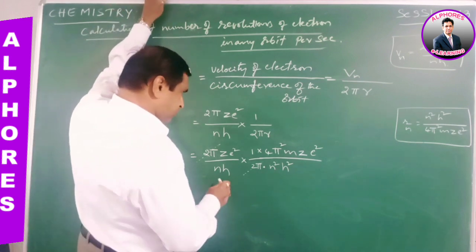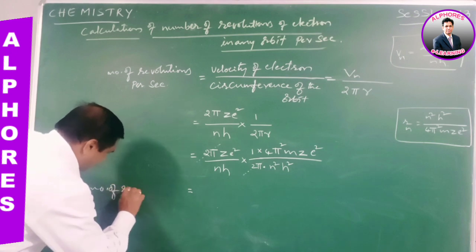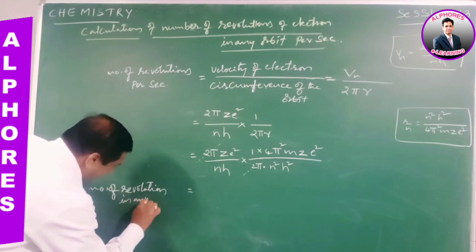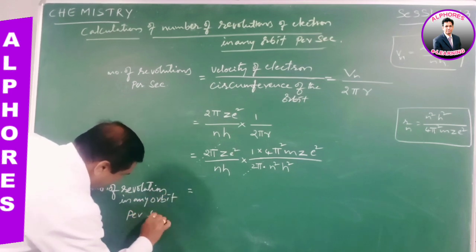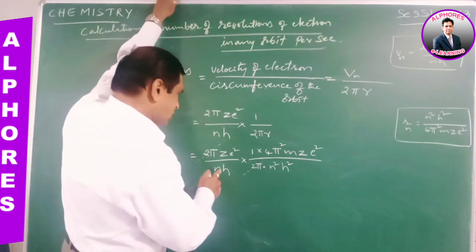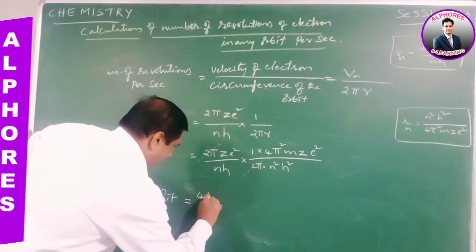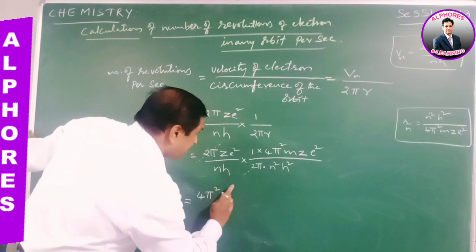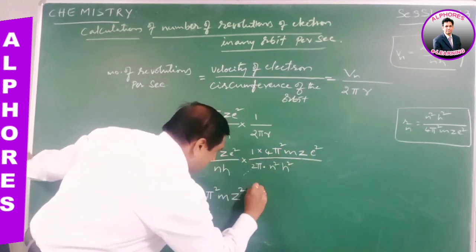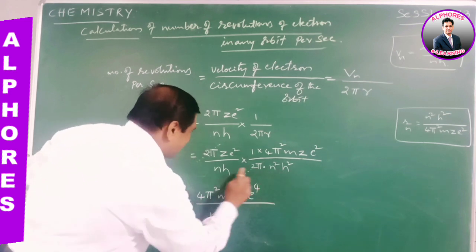So the number of revolutions in any orbit per second is equal to, what is left, 4π²m Z × Z², e² × e², that is e⁴, by n² × n³, h² × h³.